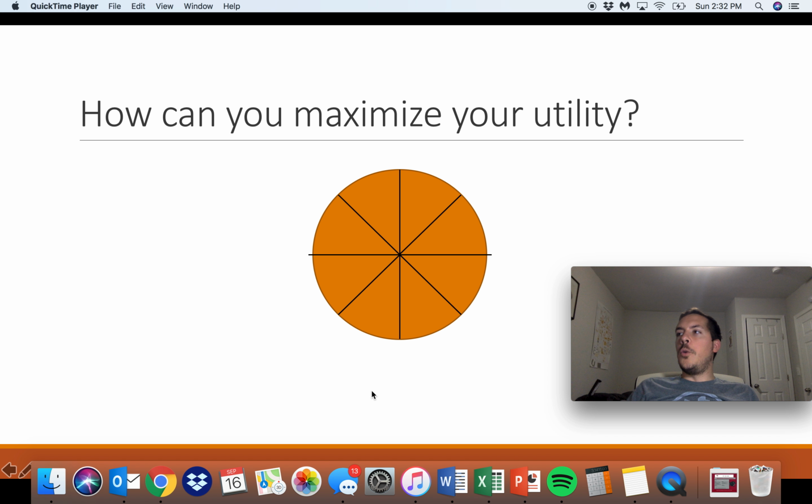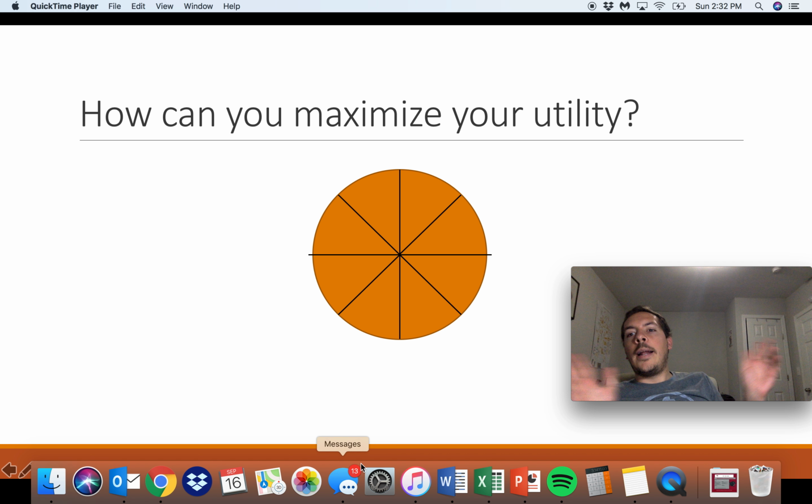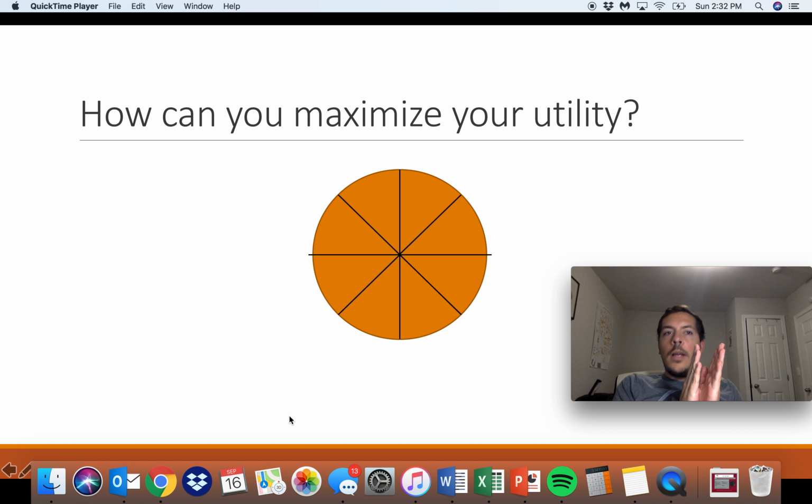How are you going to maximize the utility of all 8 people? Well, you could give the whole pizza to one person. That'll probably maximize that person's utility, but it would make the other 7 people not get anything. Another thing you could do is equally divide it. Everybody would get some benefit. They wouldn't get the whole benefit, but it would be an equal benefit to everybody.